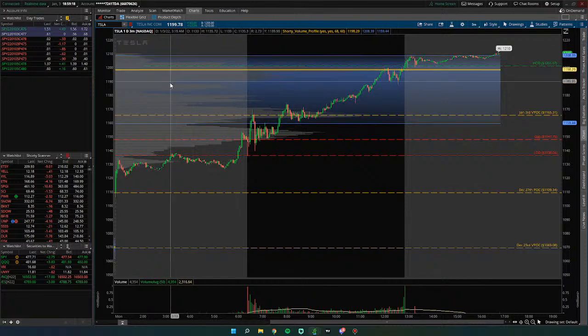So the value area is where 68% of the trading volume took place on any given day. And then your POC, or virgin point of control, is the area on your chart where the most trading took place on any given day.